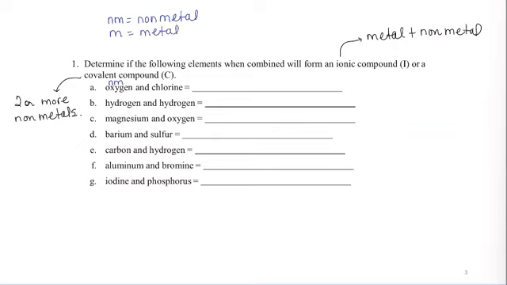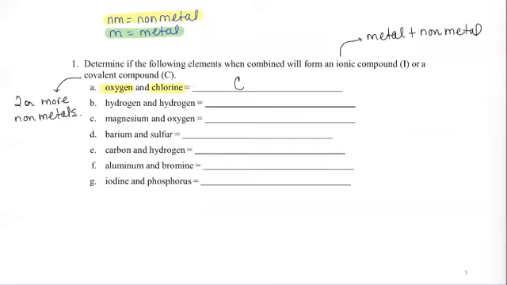Let me use my highlighter tool. A non-metal, I'm going to highlight in yellow. The metal, I'm going to highlight in green. Oxygen is a non-metal. Chlorine is a non-metal. So when they combine, they are going to make a covalent compound. Excellent job, you guys.